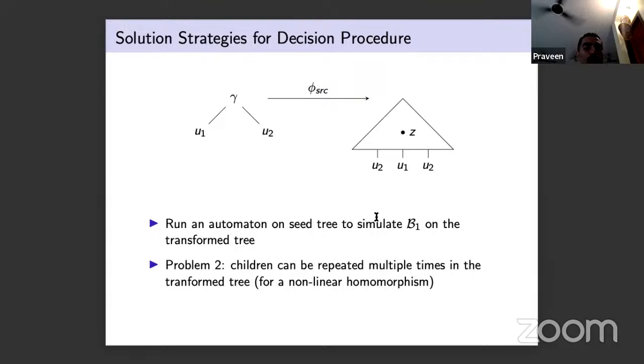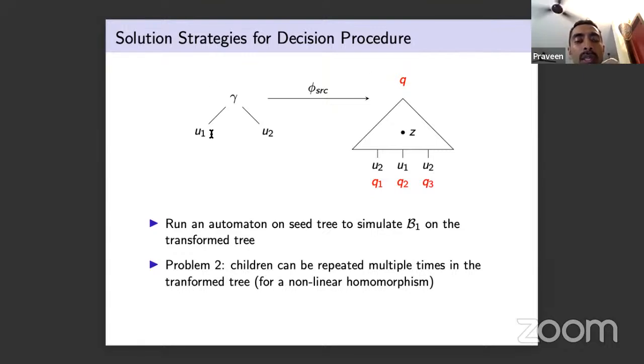Now coming to problem 2, you have this U2, the right child here in the seed language, and it is copied twice on the target side in the homomorphic image. Now, how do you tackle this? For example, suppose you are trying to run your automaton B1 on this homomorphic image, and B1 says that suppose this left child ends at Q1 and the right child ends at Q3, then B1 says I can end up with Q at the root.